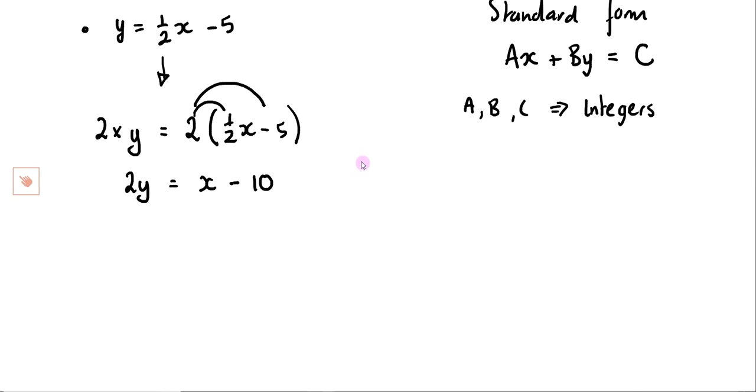I subtract it from both sides. I'm going to subtract x from this side, that gets rid of it, but I must subtract x from this side too. So it becomes 2y minus x equals negative 10. Okay? So that's standard form.